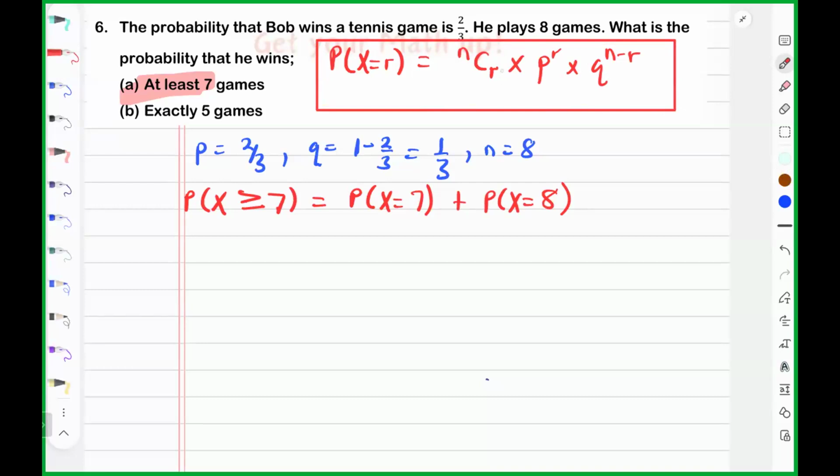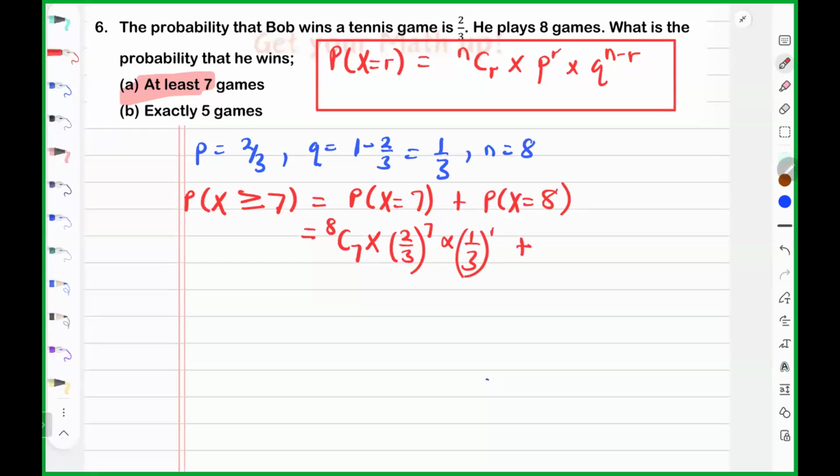So when our R is equal to 7 and our N is equal to 8, we shall have the probability of X equal to 7 as 8 combination 7 times our P, which is 2/3, power our R, which is 7, times a third power N minus R. So 8 minus 7, which gives us 1.